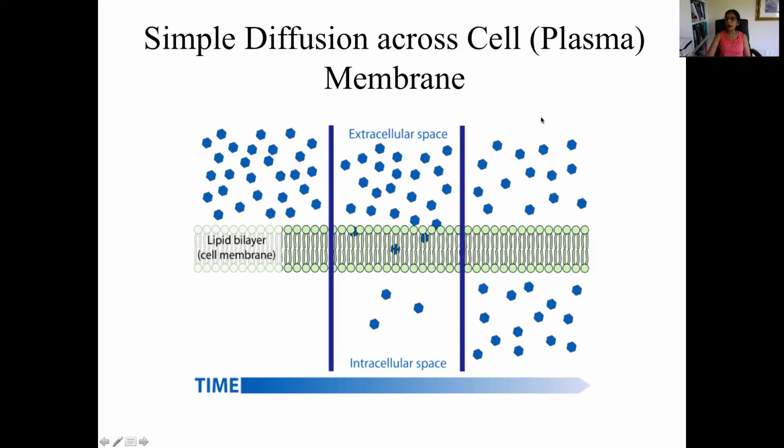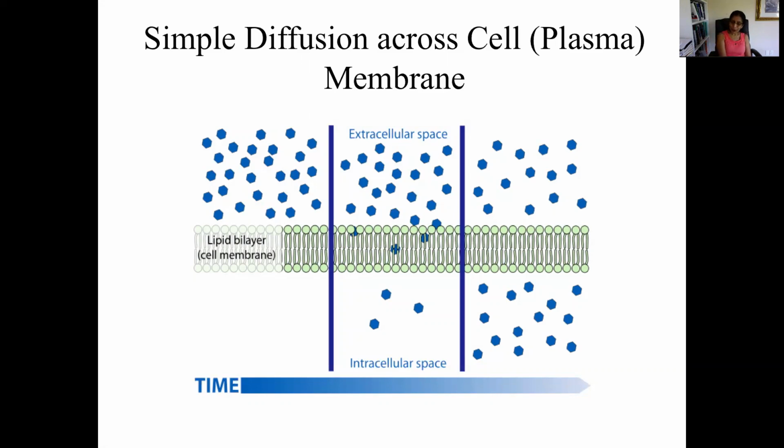This is where you call net movement zero, because there may be molecules moving both ways. So the net movement would be zero. Here it's the movement from outside to the inside. Because it's from a higher concentration to a lower concentration, this is what we call simple diffusion.